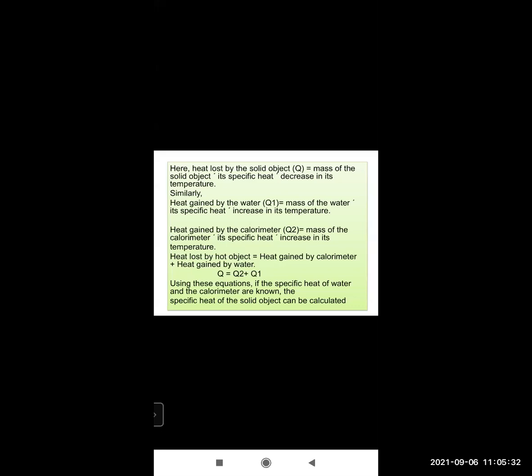Q means heat lost by the solid object. Q1 means heat gained by the water. Q2 means heat gained by the calorimeter. For each one, the formula is given. Heat lost by the solid object, Q, is equal to mass of the object multiplied by its specific heat multiplied by decrease in its temperature.